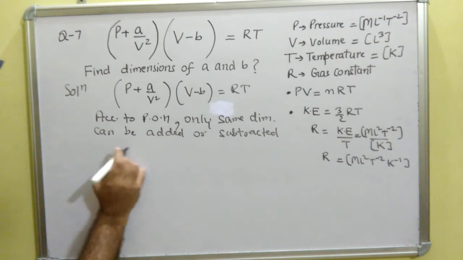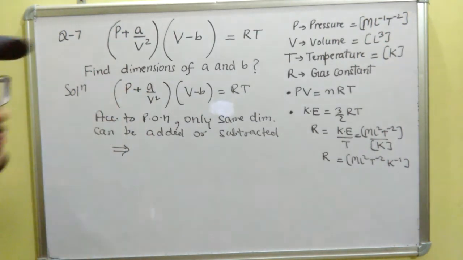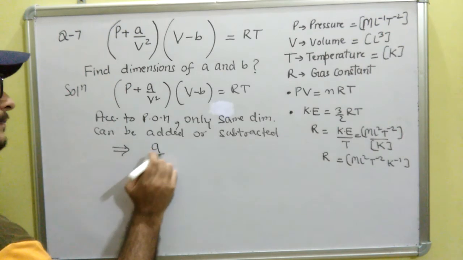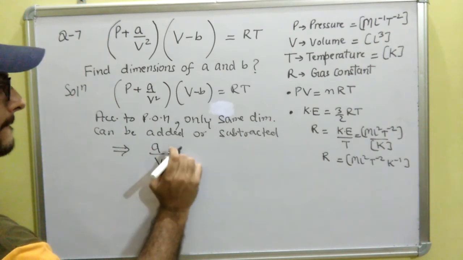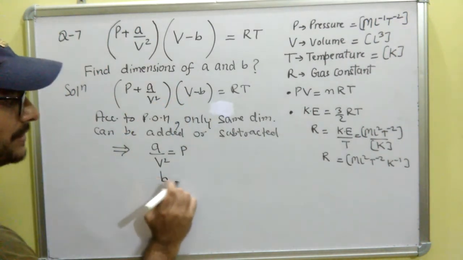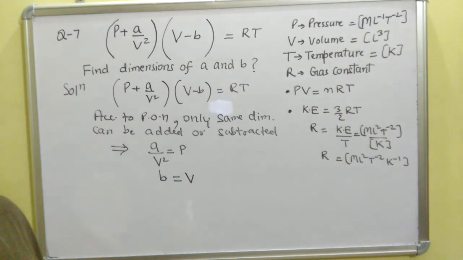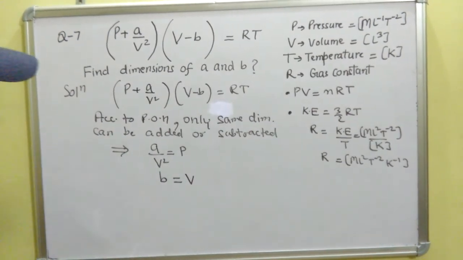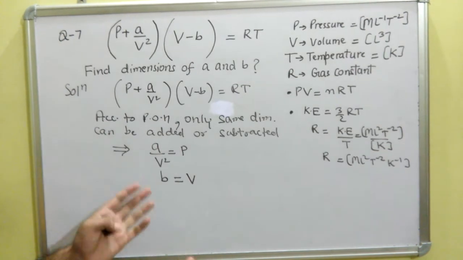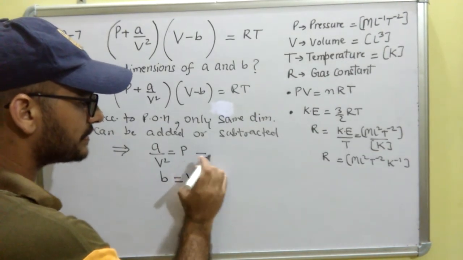Okay, therefore whatever is the dimension of P should be equal to A upon V square, and whatever is the dimension of V should be equal to B. So the dimension of B will be equal to V. Now let's calculate the dimension formula for A and B. Now let's solve this.